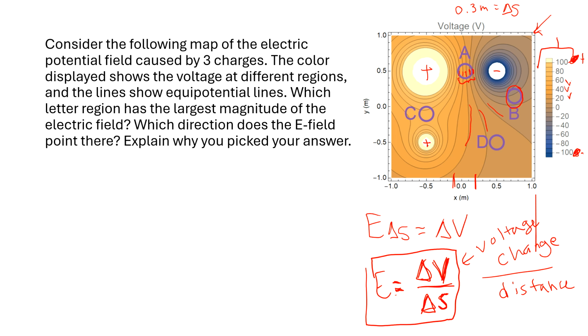So that means that delta V equals 80 volts, and we divide those two values. 80 volts divided by 0.3 meters gives us 267 volts per meter.